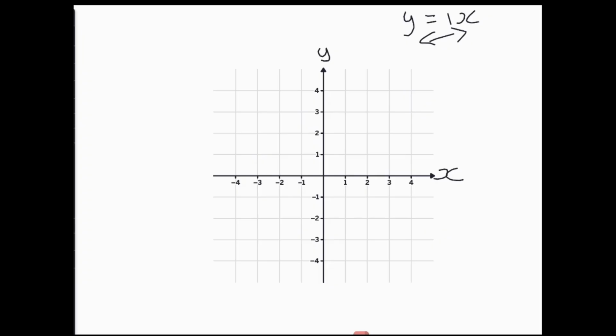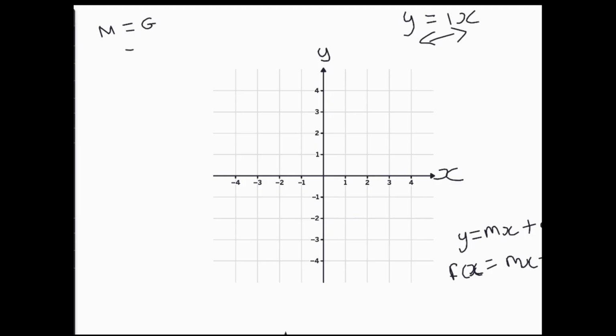Okay? Now, the equation of a line can be given by y equals mx plus c, or f of x equals mx plus c. Now, obviously, in a straight line, m is equal to the gradient, right?